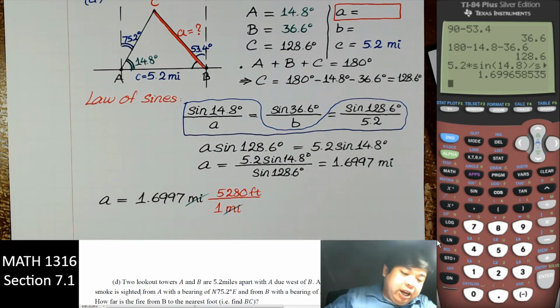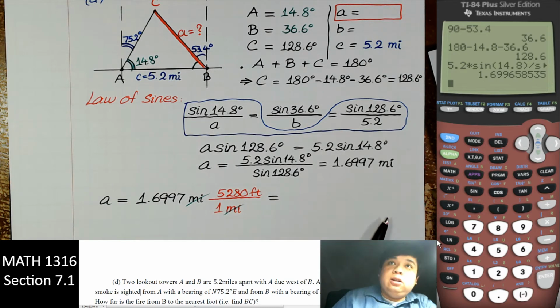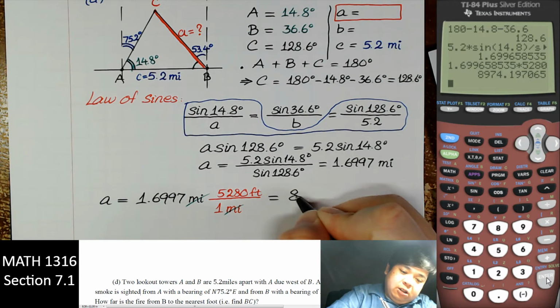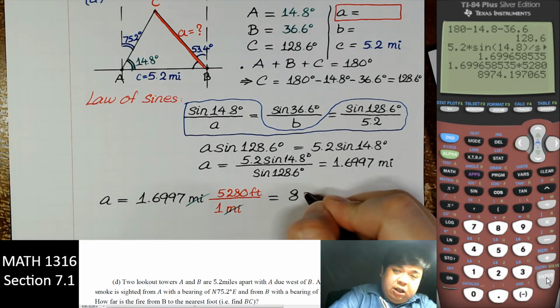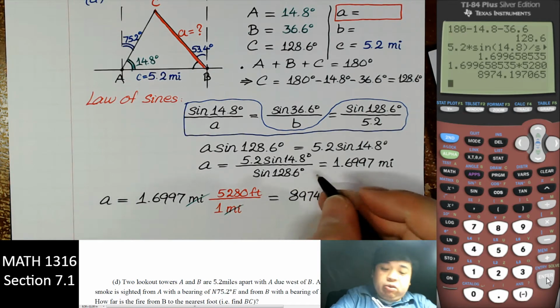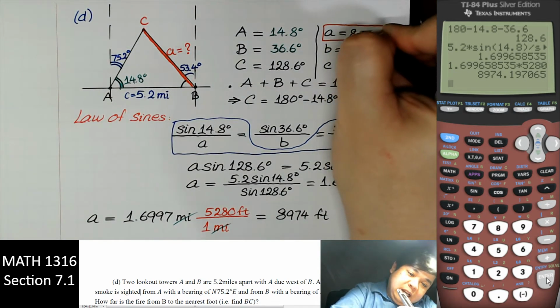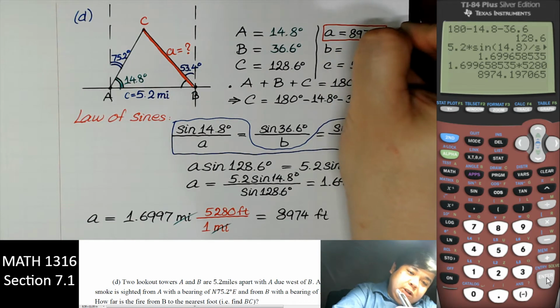Mile and mile cancel out, and we just have this number times 5280, and we have 8,974 to the nearest foot. Okay, that fits. So it's 8974 feet.